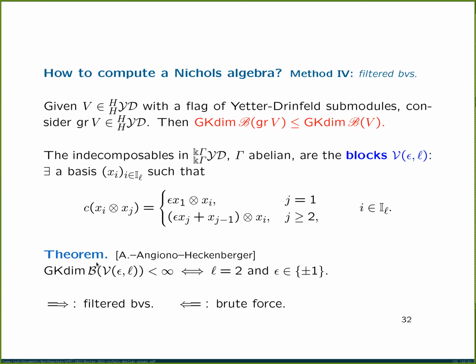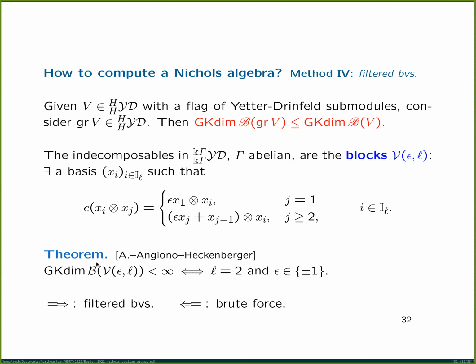So these are what we call blocks. I get the Yetter-Drinfeld modules which are homogeneous, with only one element g, and the action is given by a Jordan block. And we prove that the Gelfand-Kirillov dimension of a block is finite if and only if the size of the block, which is the dimension here, L, is 2, and epsilon is plus or minus 1.